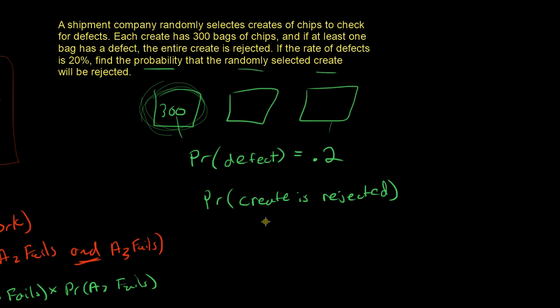If a crate is rejected, why do we reject a crate? We reject a crate if at least one bag has a defect, the entire crate is rejected. So at least one bag of chips has a defect.